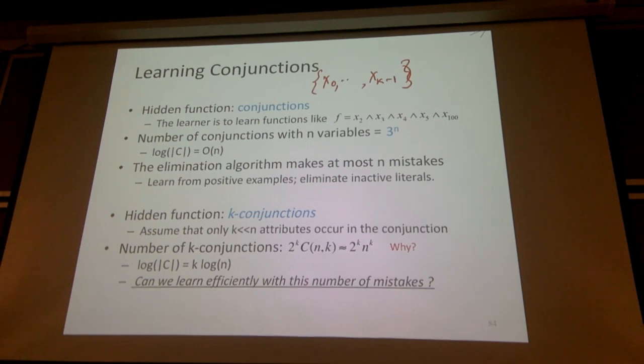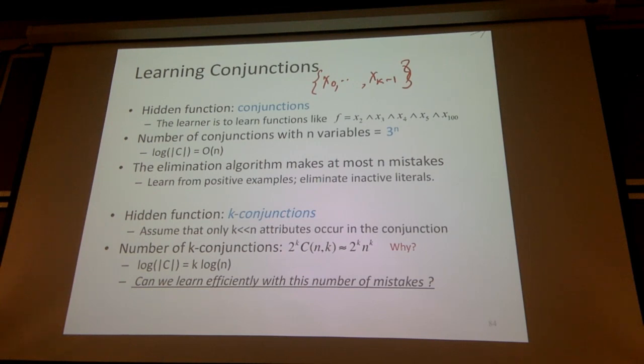So now we can ask, is this a mistake bound concept? From the point of view of the number of mistakes, of course this is polynomial. Log n is less than polynomial. So it is a mistake bound concept, but there's another question that becomes important. For conjunctions, we were able to show two things.